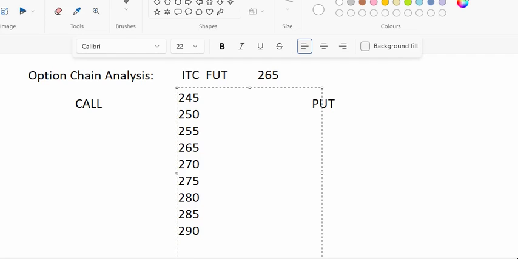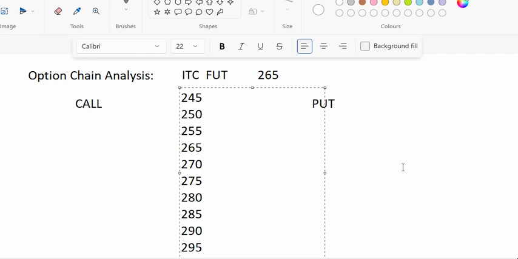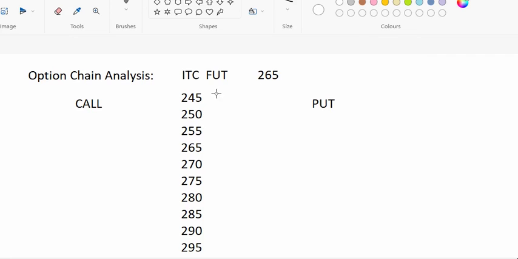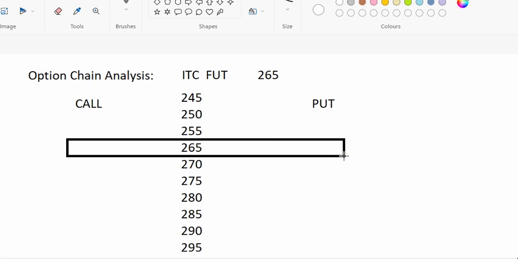Let's do 295. Okay, so these are the strike prices for ITC. We are taking an example. Every 5 rupees there is a strike price. So where exactly is the price of the stock? It's somewhere here. Right? 265. That is the price.